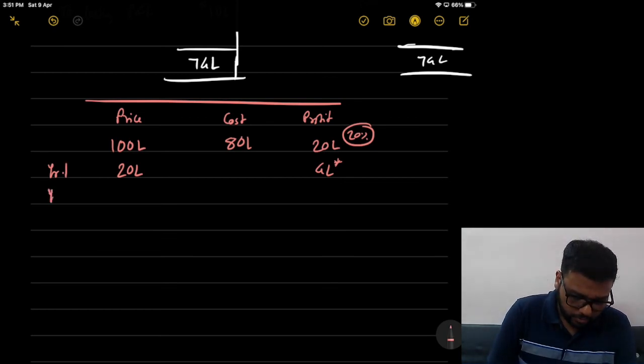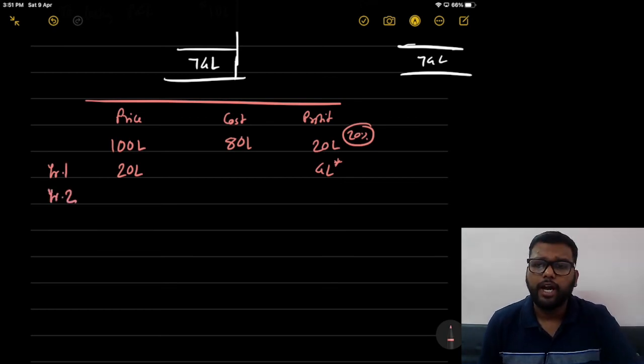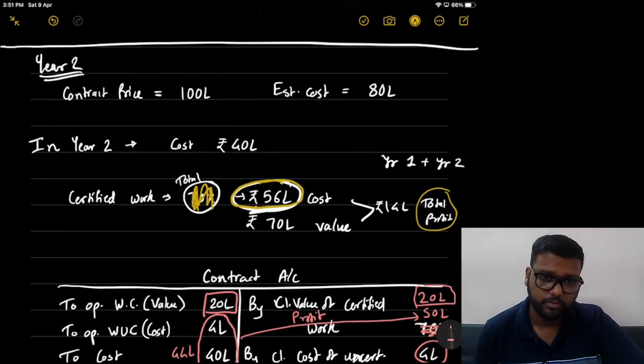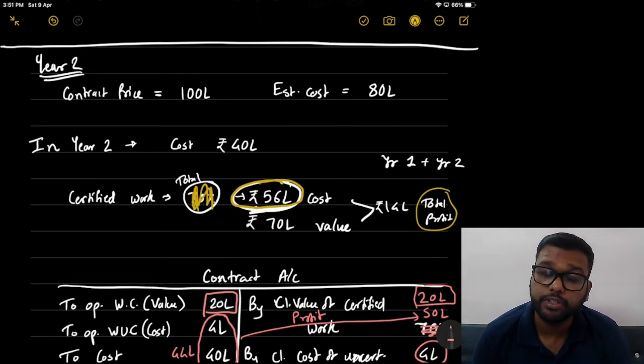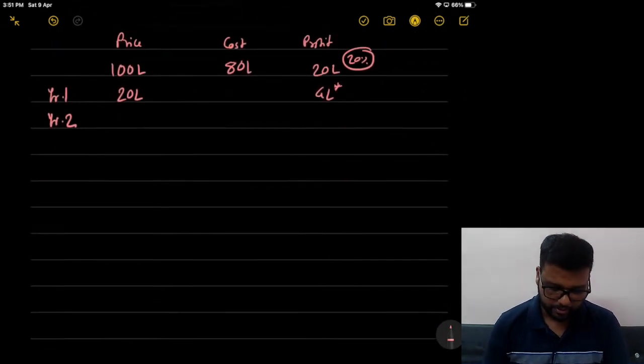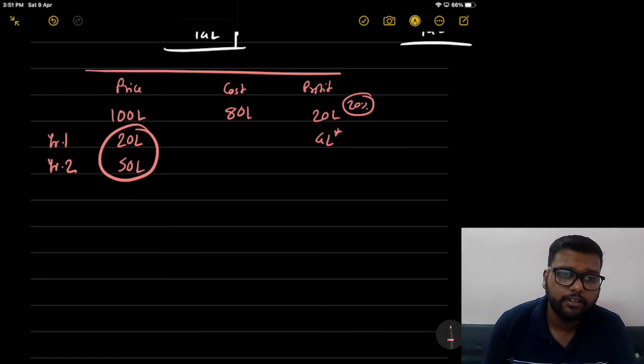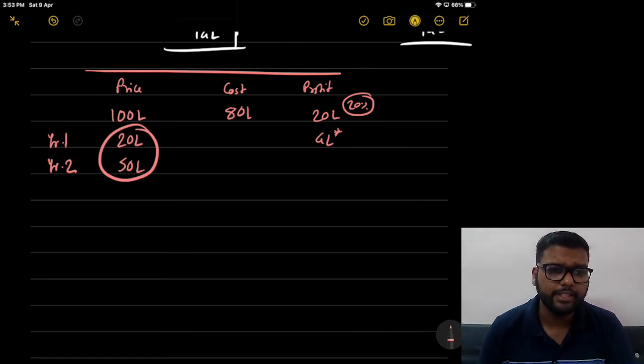In year 2, at the end of year 2, how much work was certified? 70 lakhs.